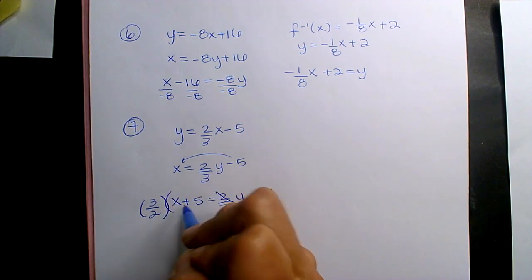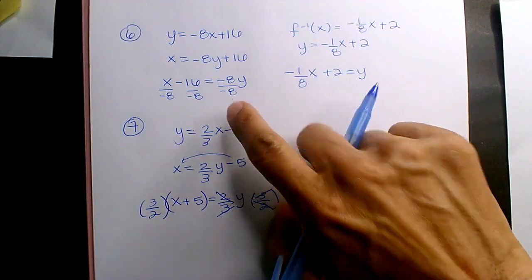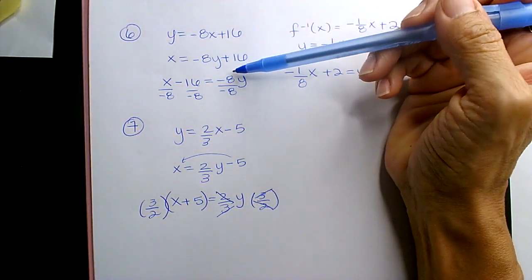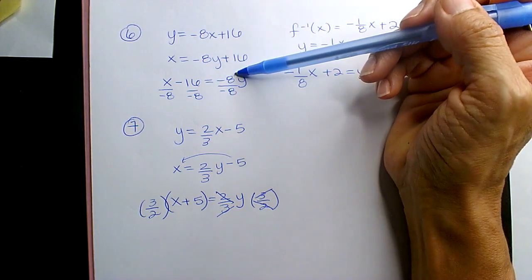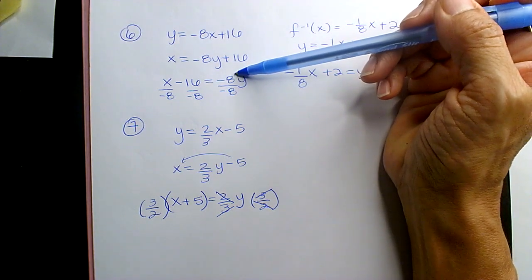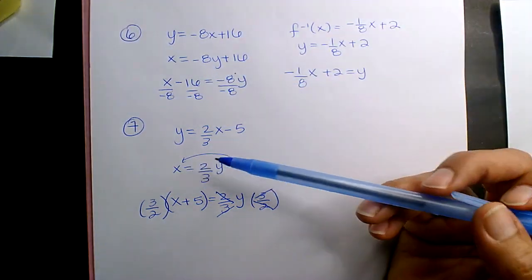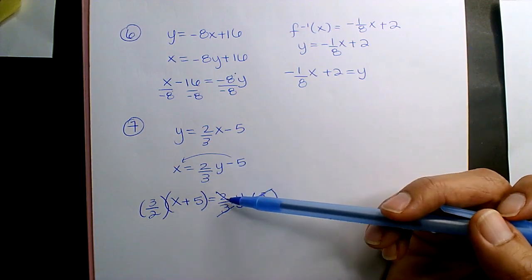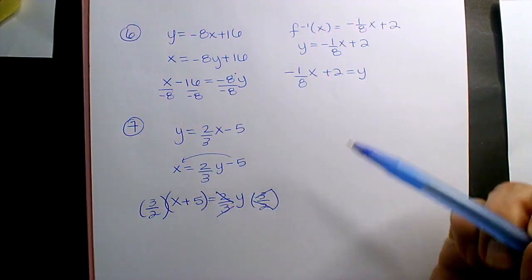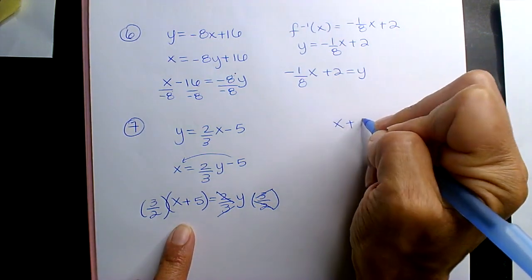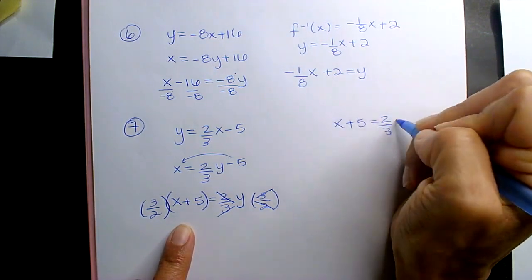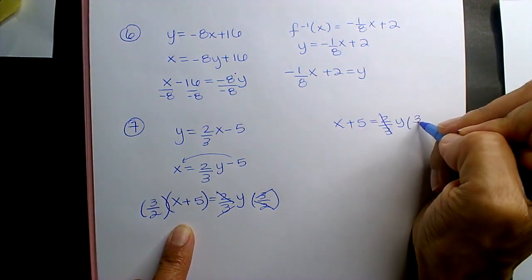All right, and so what you have here is, like on 6, see how, because it was just a one number coefficient, negative 8, and like number 5 or 3, we just divide by the number into every term. Okay, because you have a fraction here, do you really want x plus 5, right? You have the 2/3 y, right? You already know you're going to cross them out.